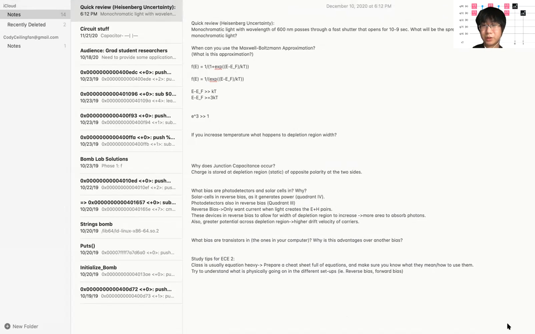Yes. So why does the width increase, Alexandra? Isaac? It's proportional to temperature in the square root in the formula.